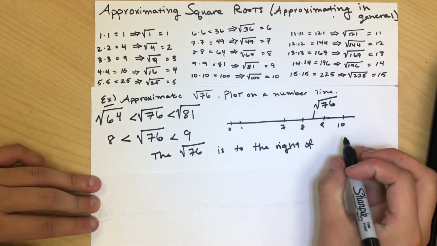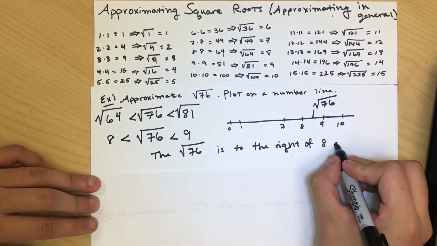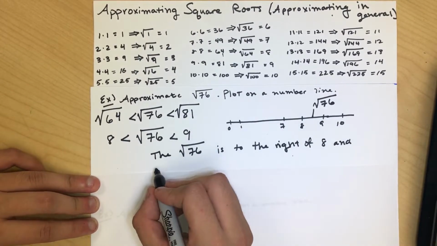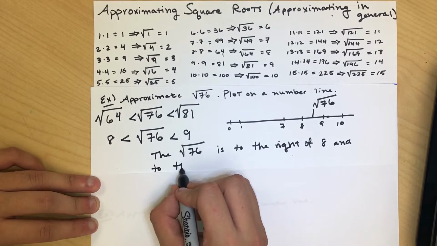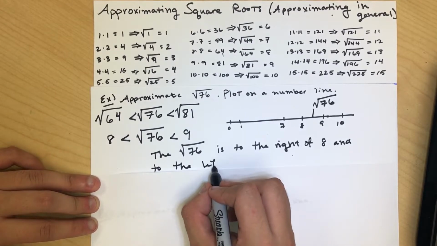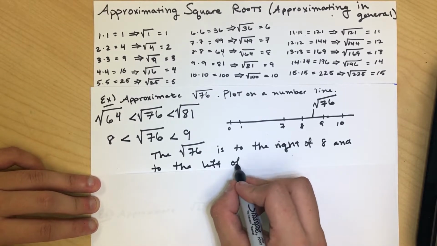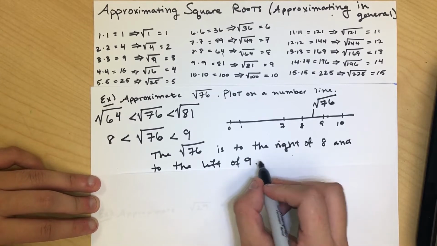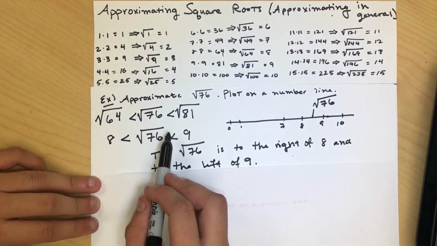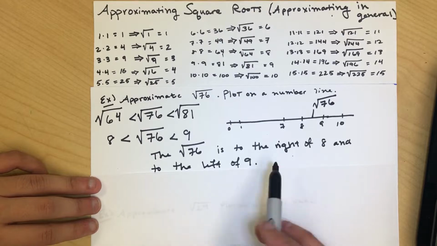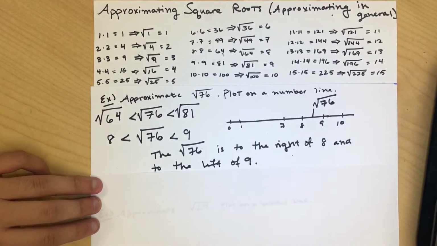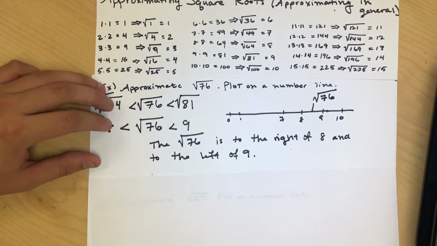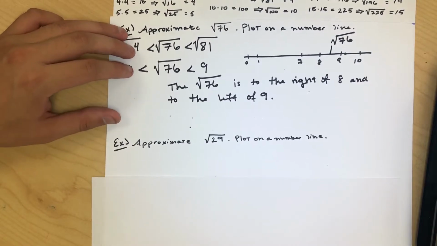It's over here, to the right of 8, and to the left of 9. The square root of 76 is in between 8 and 9, so it's to the right of 8 and to the left of 9, somewhere in between. Same thing, we can do the same thing for this example now.